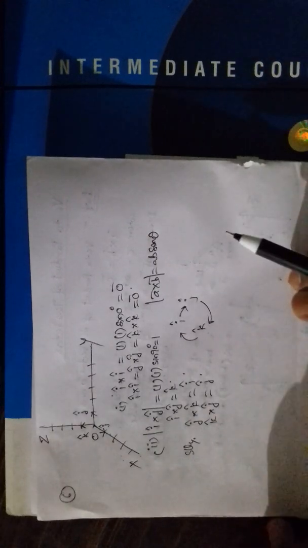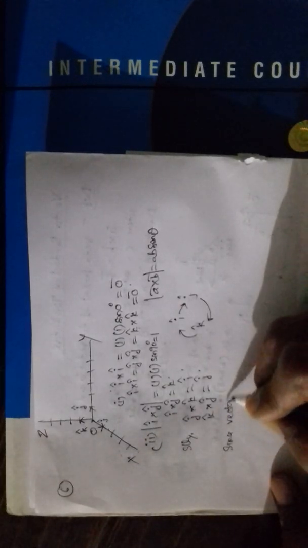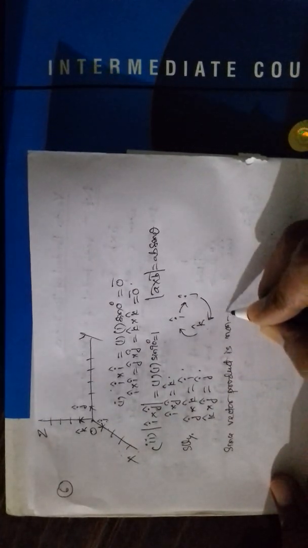IJK in a cyclic manner. I cross J is equal to K. J cross K is equal to I. K cross I is equal to J, like this. Now, since vector product is non-commutative, I cross j is equal to minus of j cross I.